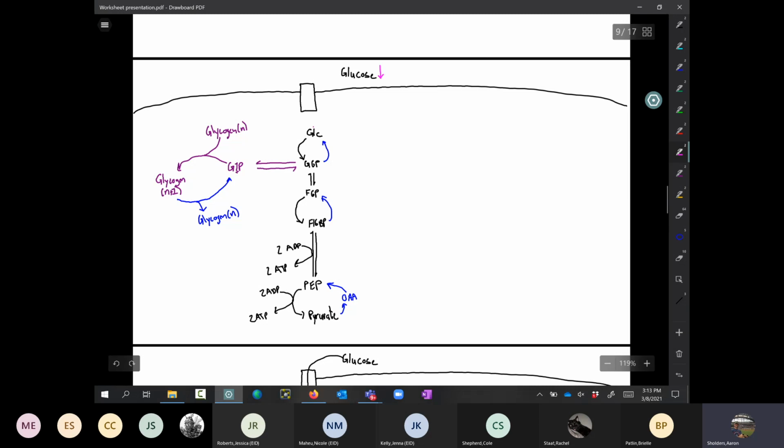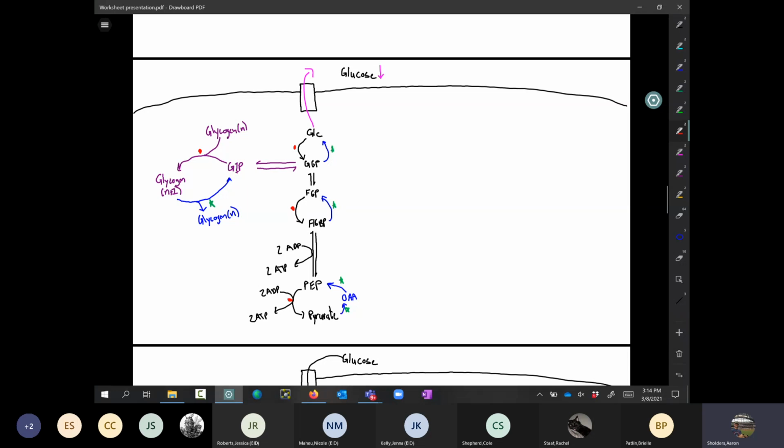So that means that the liver needs to take glucose and move it out, which means that it needs to activate these processes, where I just put those green stars, and then it needs to inhibit these processes that are going to essentially use glucose, either through glycolysis, meaning that the liver cell would bring it in, or make glycogen from it.